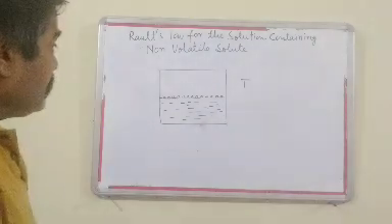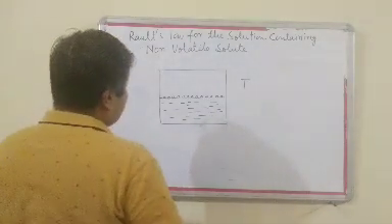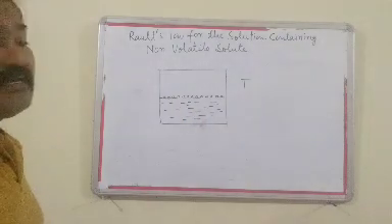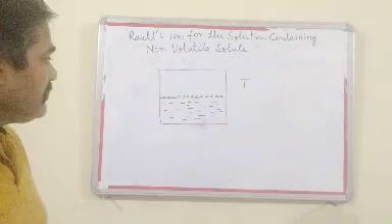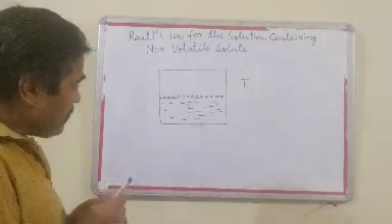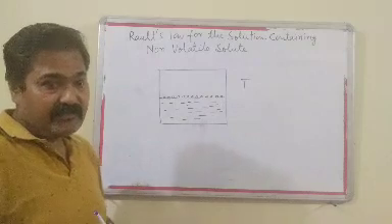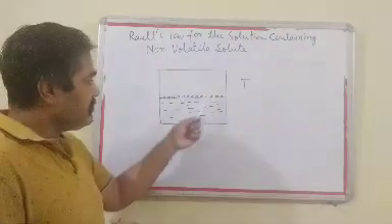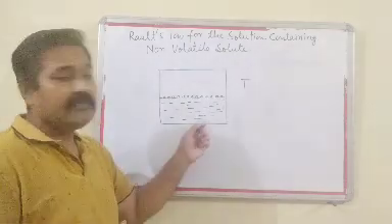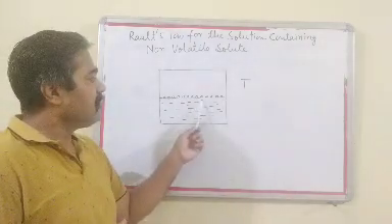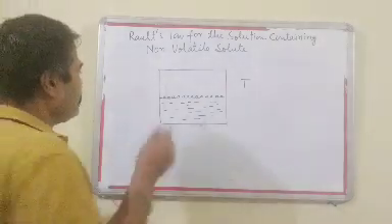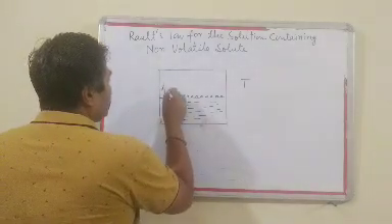Okay. But what happens when we add some non-volatile solute to a pure liquid? Because we know that vaporization takes place from the surface, when the liquid is in a pure state, all the molecules at the surface are of the volatile liquid and they participate in vaporization.